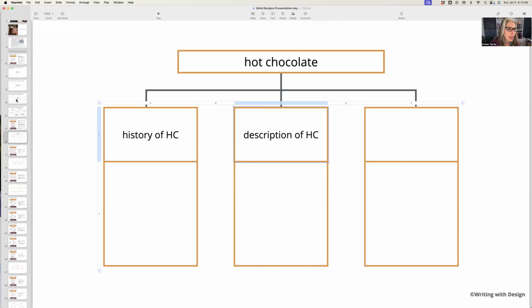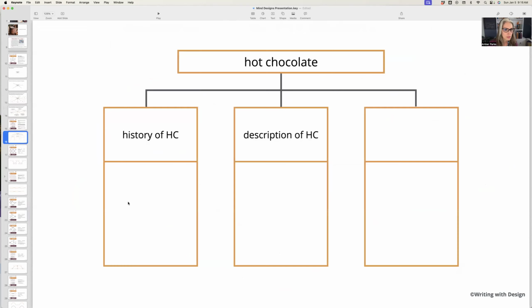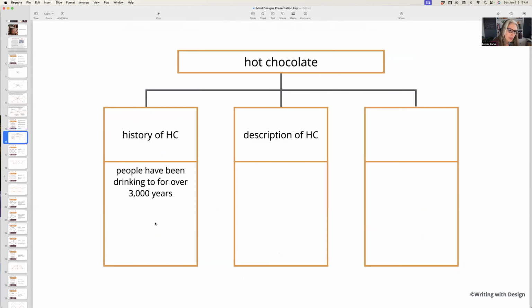But if I look back at this brainstorming design of what we have, I could certainly pull over this information that it's been enjoyed for over 3,000 years. I think another key piece to that is that it was first enjoyed in Mexico.